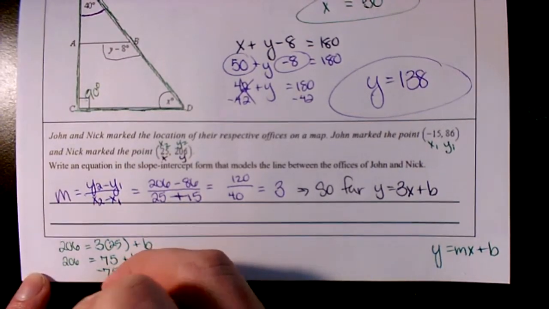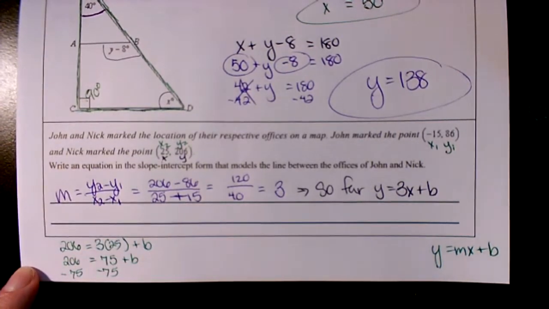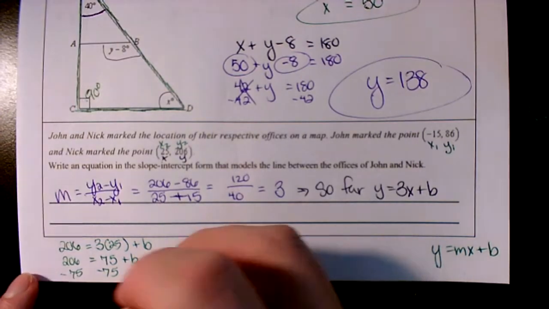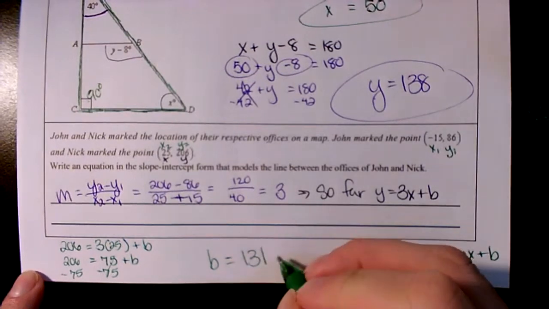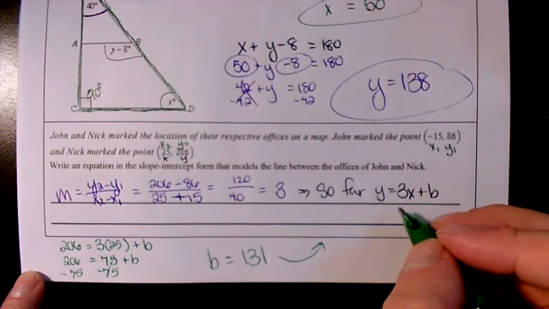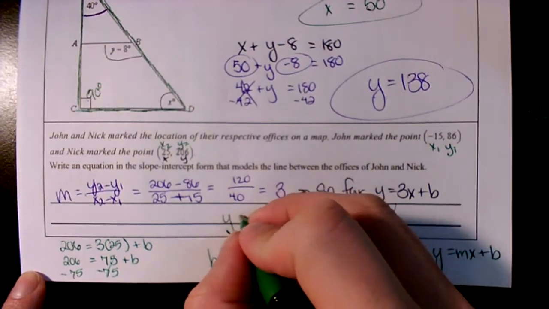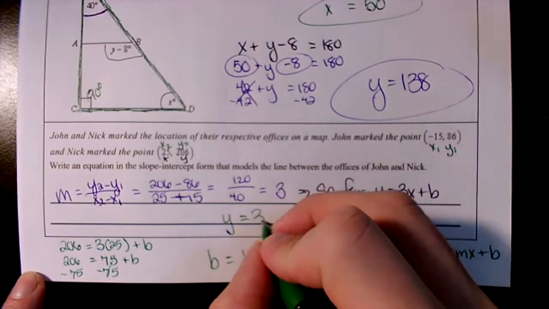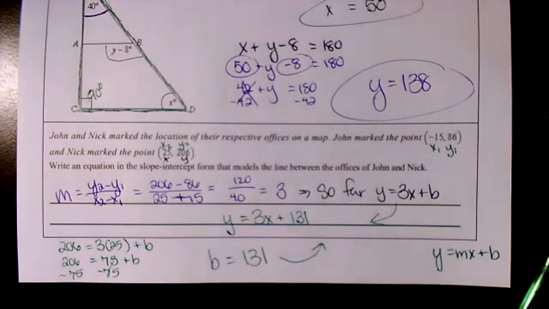Subtract 75. Subtract 75. And what is that? 131. So if b is 131 and y equals 3x plus b, then I can do y equals 3x plus 131.